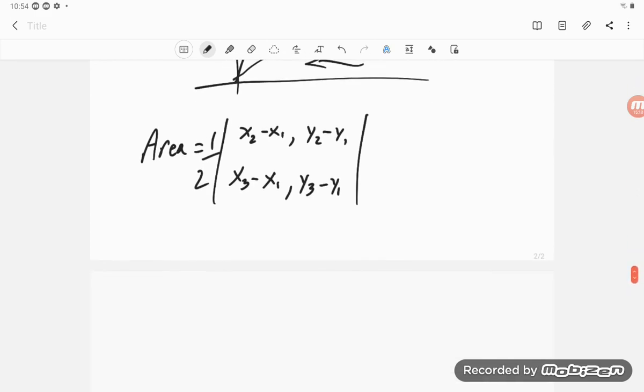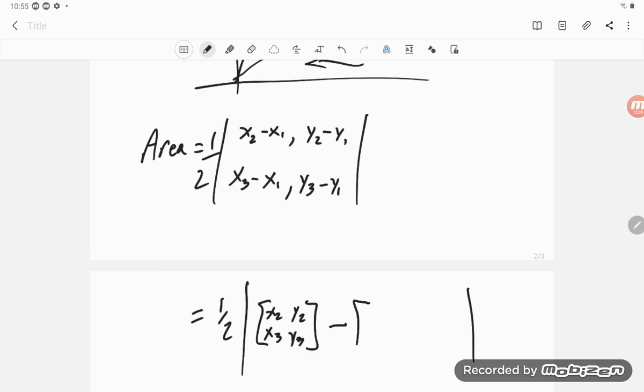Now, notice, though, that if I think of these as matrices, what I've done is I said this is 1/2 the determinant of the matrix x2, y2, x3, y3 minus the matrix x1, y1, x1, y1.